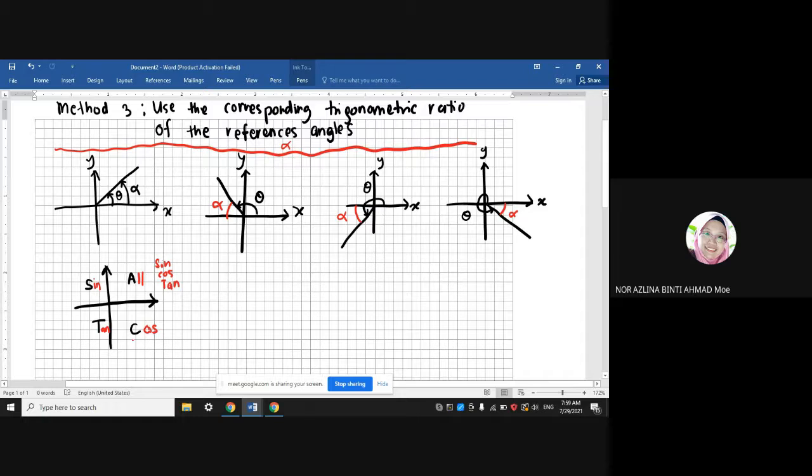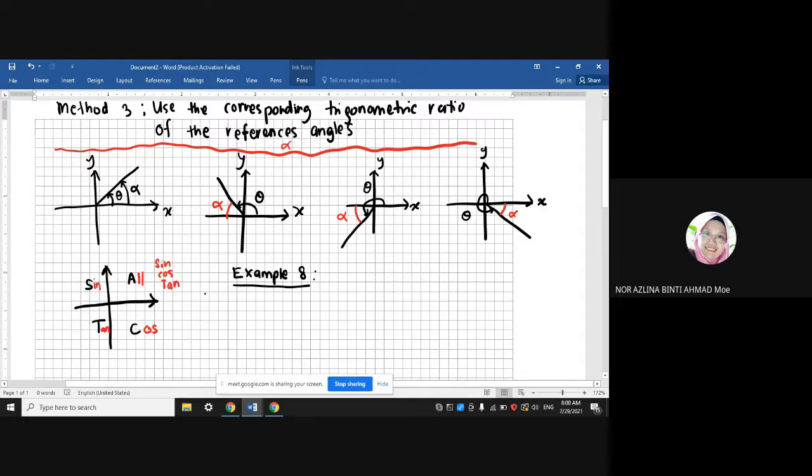Dan di sini hanya cos positif pada kuadran 4. Okay, so ASTC, all sin, tangent, cos. Baik, pergi kepada example 8. Untuk method 3, yang penting you know the reference angle, kemudian remember this quadrant.